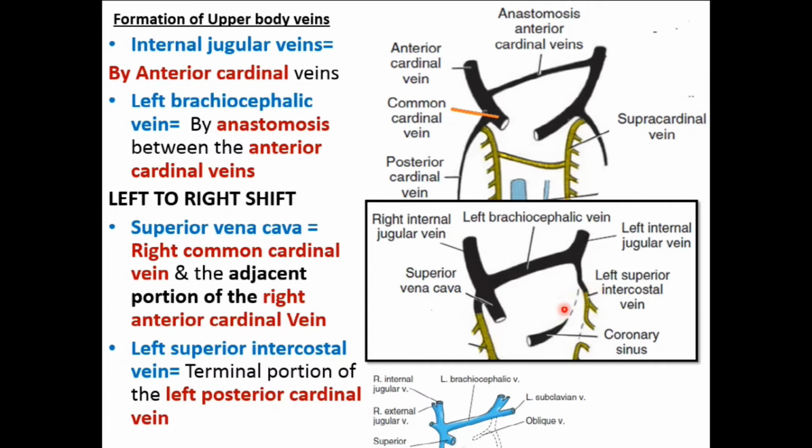It will convert into coronary sinus and the oblique vein of the left atrium. That is what happens to it. So the basic idea is that on the left hand side structures are obliterating, and on the right hand side the adult structures are being formed.